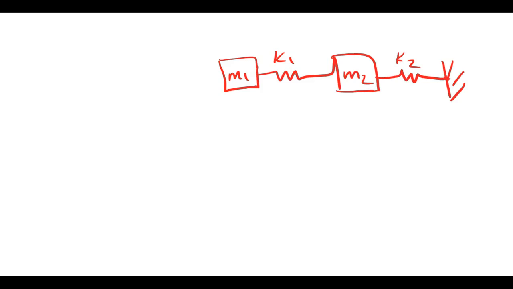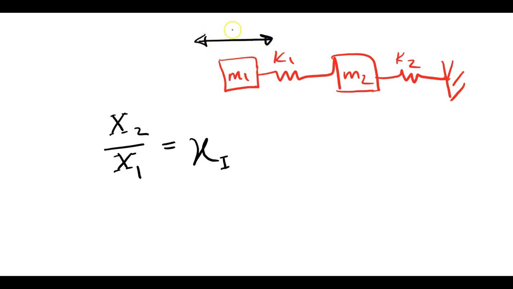Okay, so if we want to understand the x2 by x1 ratio that we already saw from chi1, let's consider that this mass m1 is moving in the left and right direction.